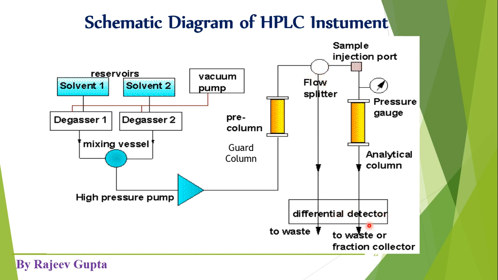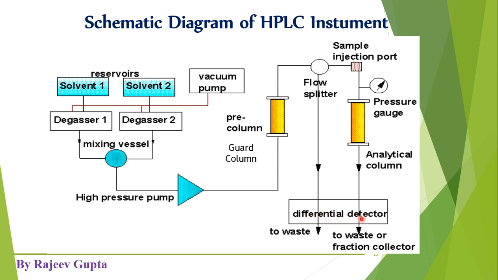Suppose we are using a UV visible detector, then that detector detects our sample components based on two parts or two cuvettes, in which one cuvette will be filled only with our mobile phase or solvent, and the second will be filled with our sample component plus mobile phase.